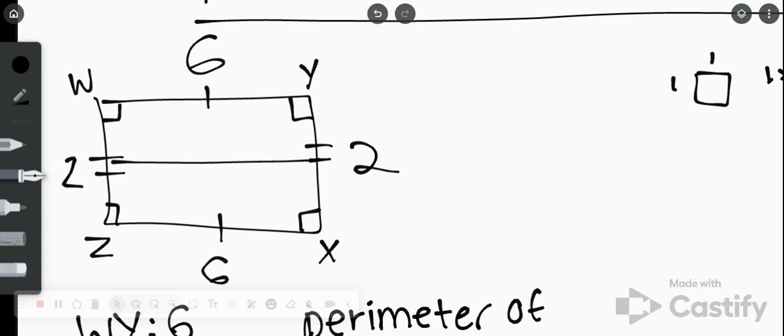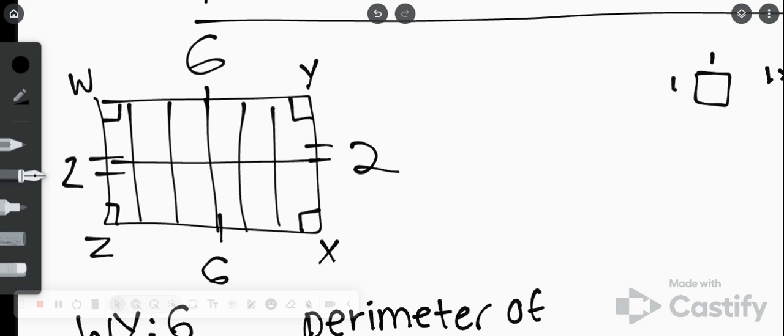Make this 2. Make this 6. Now we can count up all the squares to see what the area is.